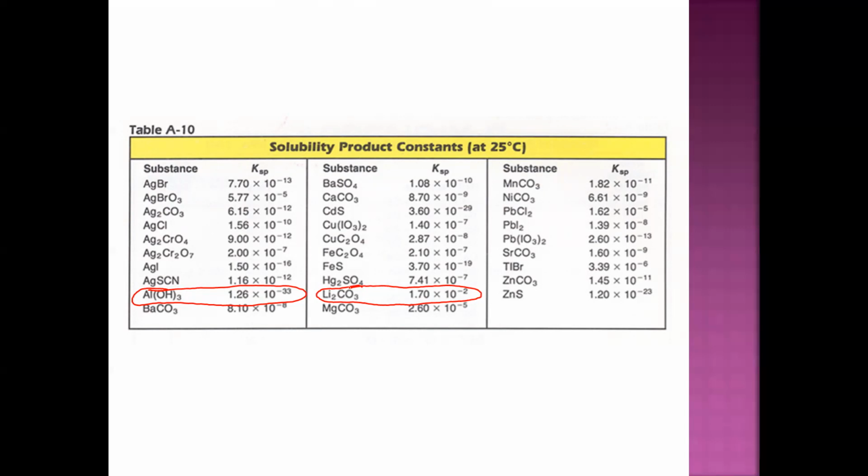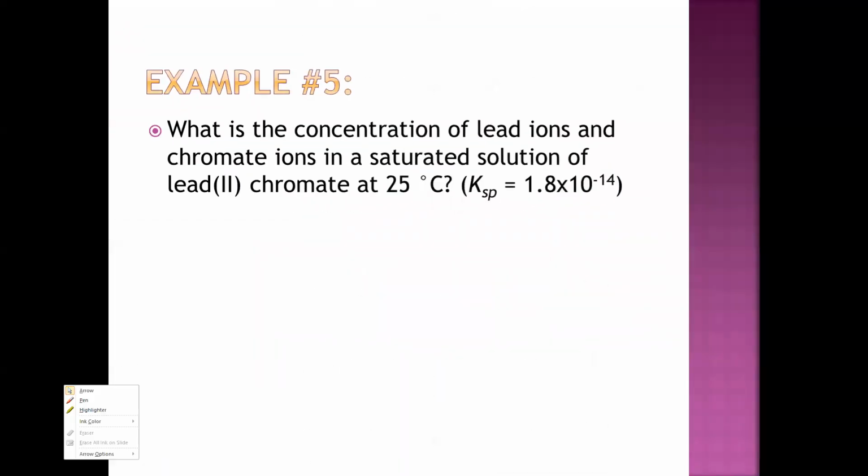Okay. So when we're solving these problems, you're going to be given a chemical. On the worksheet, on the packet, I was very nice, and I actually gave you the formula of the chemical. I just didn't do it again, so you're going to have to make sure that you have the correct formula. Okay.